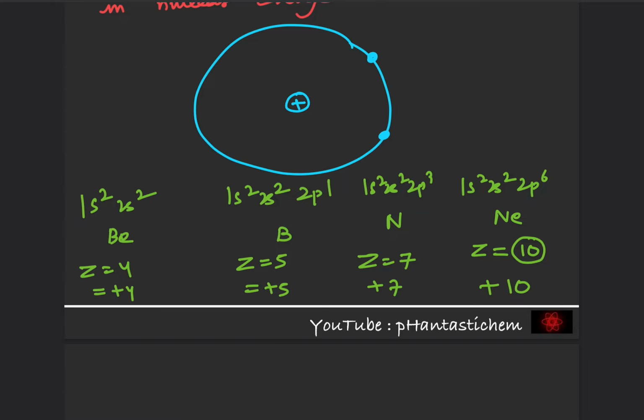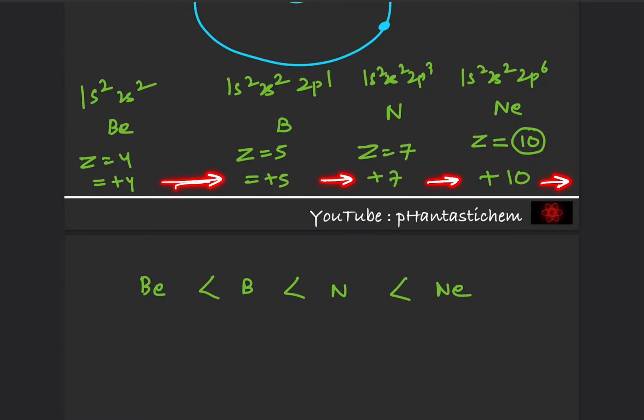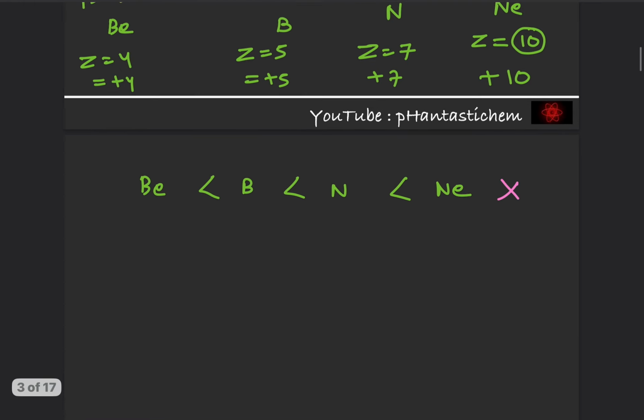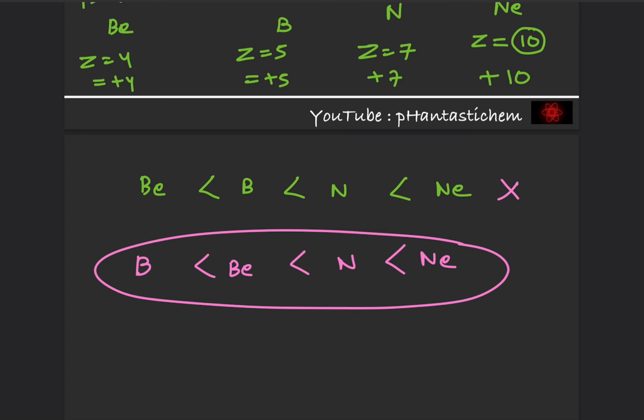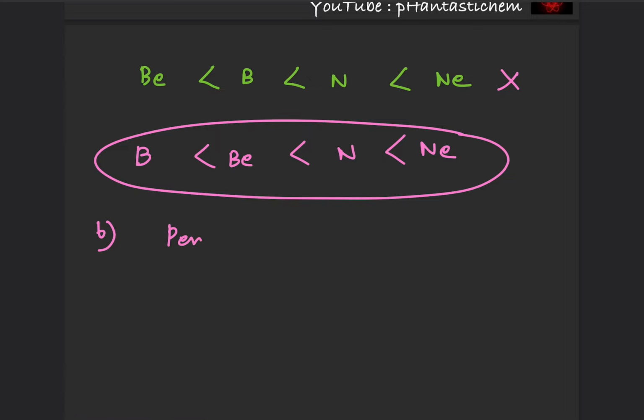Therefore the ionization energy order should be beryllium, boron, nitrogen, neon, because nuclear charge increases from left to right. But actually this is not the correct order. The actual order is boron, beryllium, nitrogen, neon. This will be explained by the next factor. There are more factors which affect ionization energy. The second factor is known as the penetration effect of the electron.